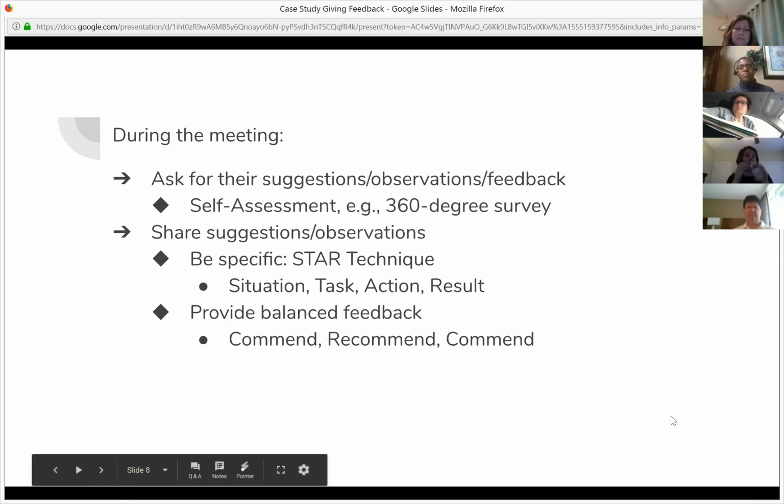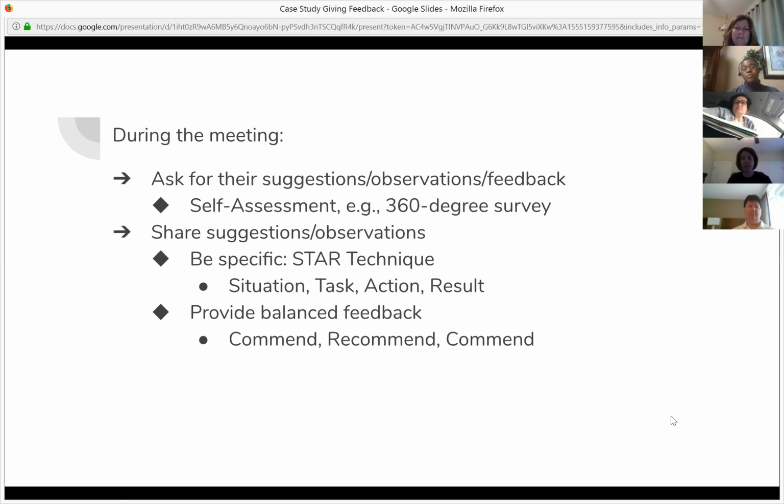During the meeting, when asked for suggestions, observations, and feedback, we could suggest that we do a self-assessment using the 360-degree self survey. Share some suggestions and observations, and use a method called the STAR technique, where we have a situation, and we're very specific about the situation, we talk about the task, then the actions behind it, and then look at the results.